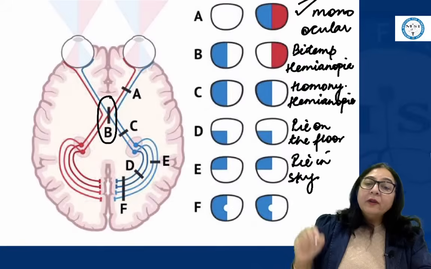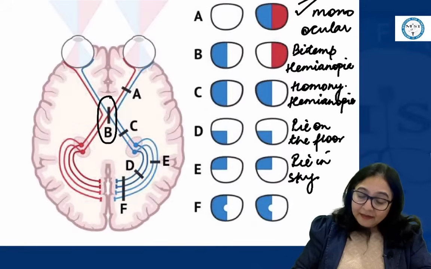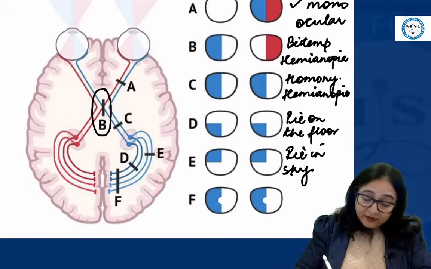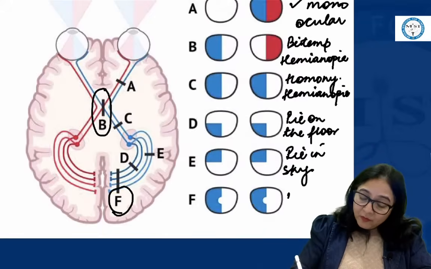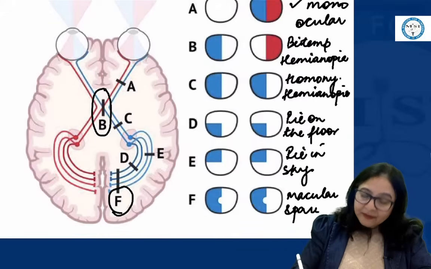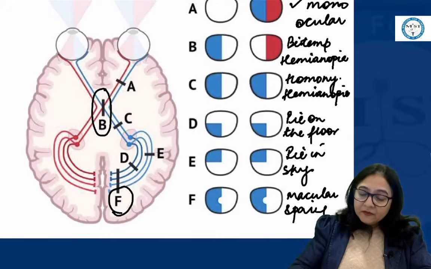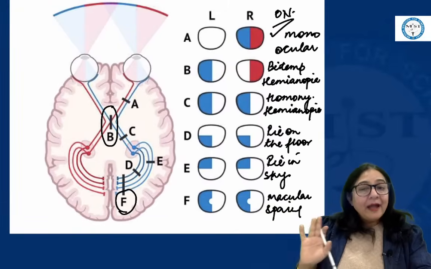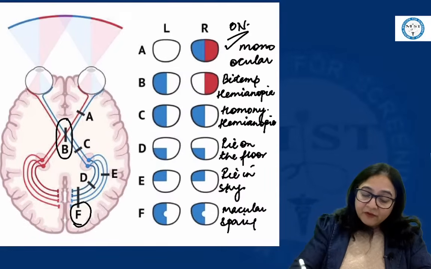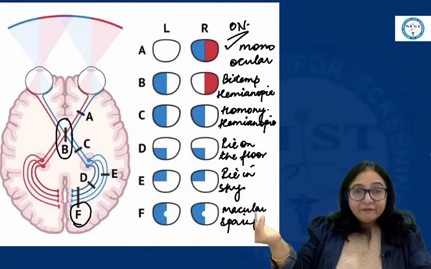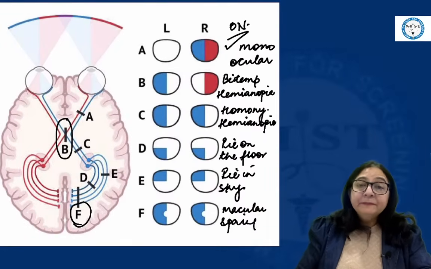And if the lesion is in the occipital cortex, it again causes homonymous hemianopia, but with macula sparing, as you see here. So this is a simple chart to remember, and this will tell you about all the types of field defects and the site of the lesion.